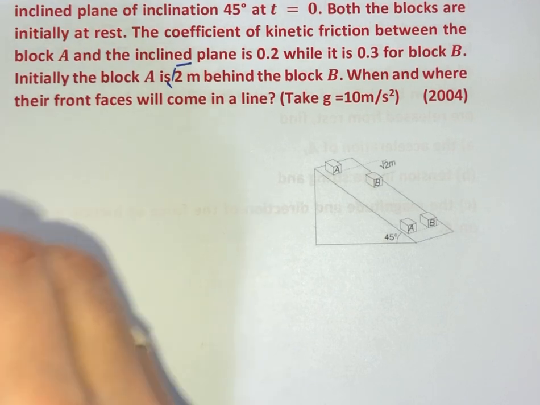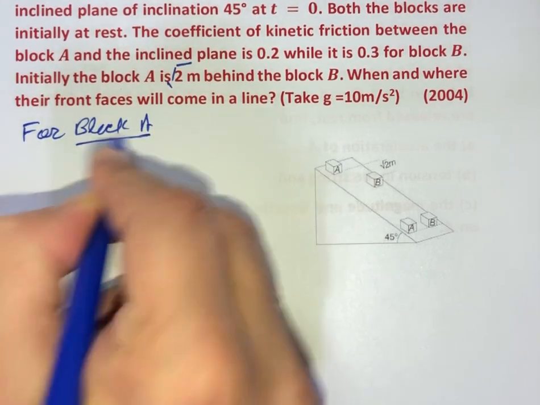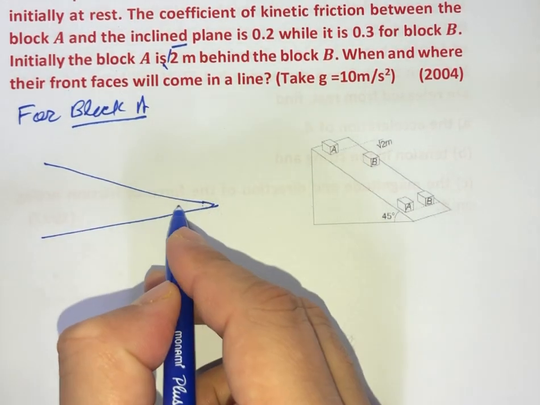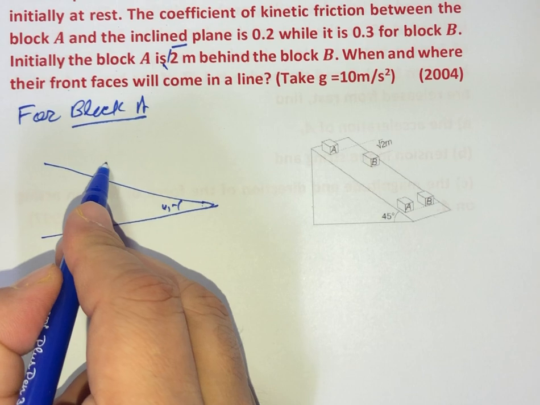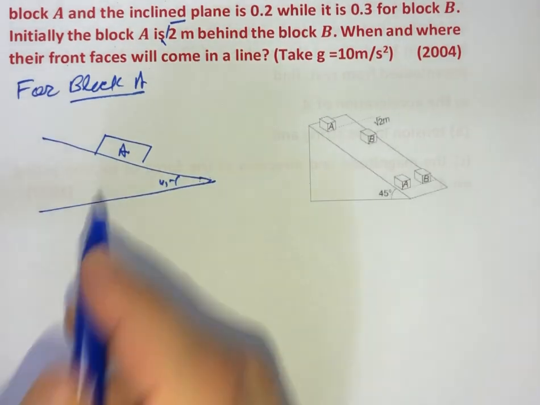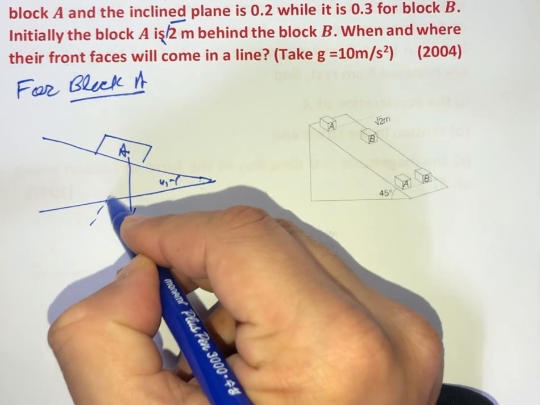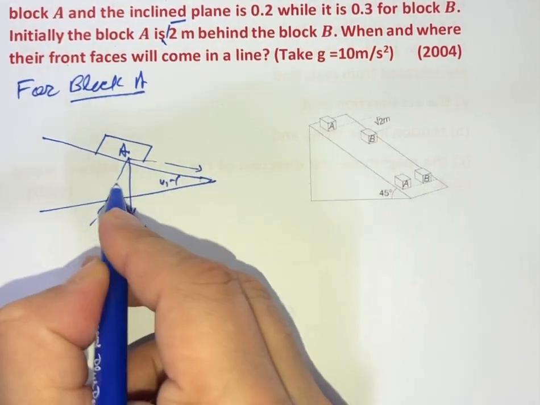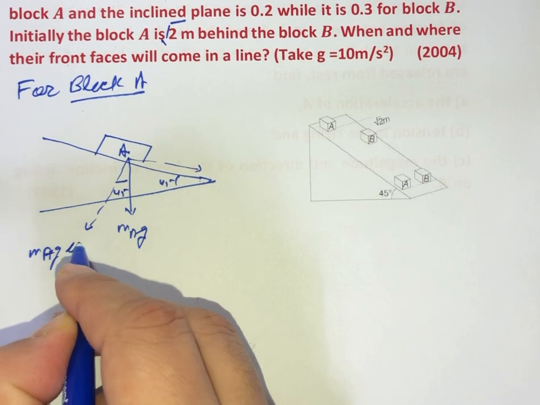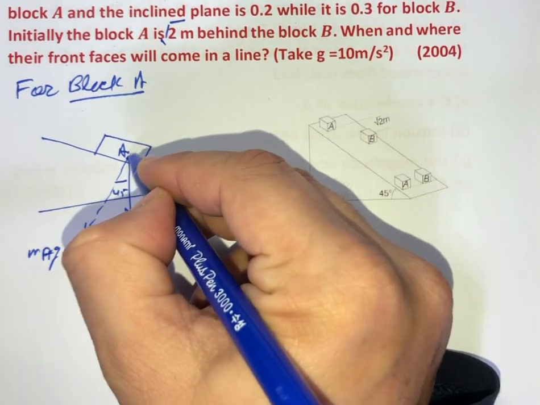So for block A, this is 45 degree, and we have block A, and in the downward direction, let us suppose this is MAG, divided into two components: MAG cos of 45, and MAG sine of 45, and the normal NA.